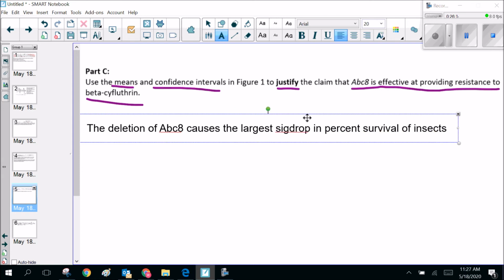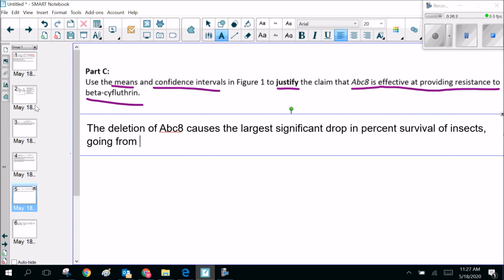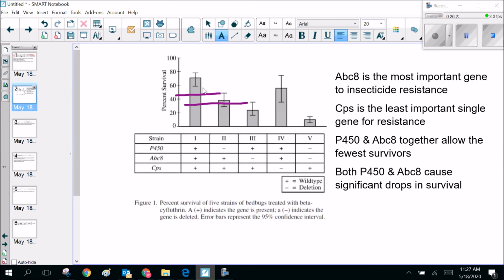and we're going to go ahead and say the largest significant drop in percent survival of insects, going from, and I'm going to use the actual data here, I'm going to cite it, going from around 70, a mean, and now when I say mean, I'm going to be using this right here because this is obviously the mean. So I'm going to use this, it's around 70.